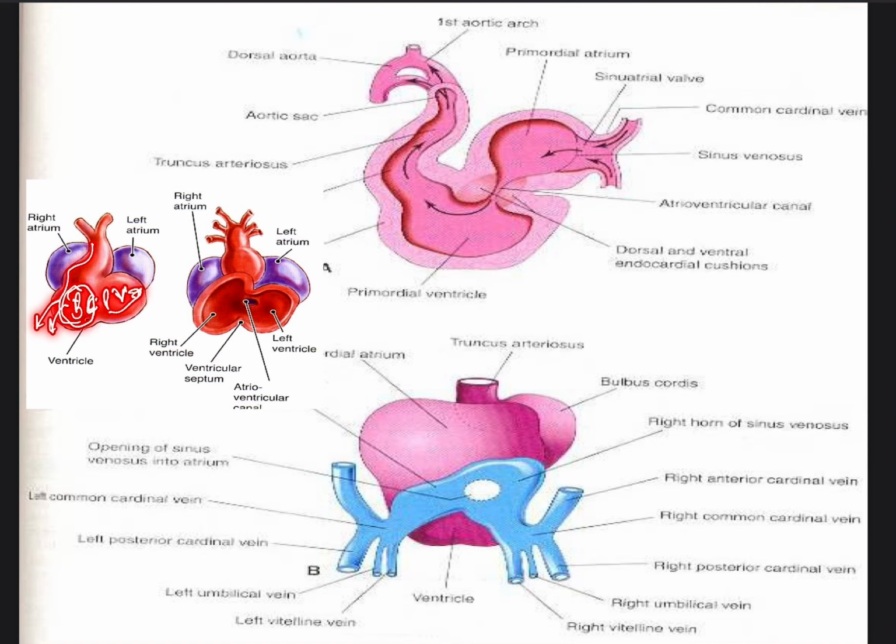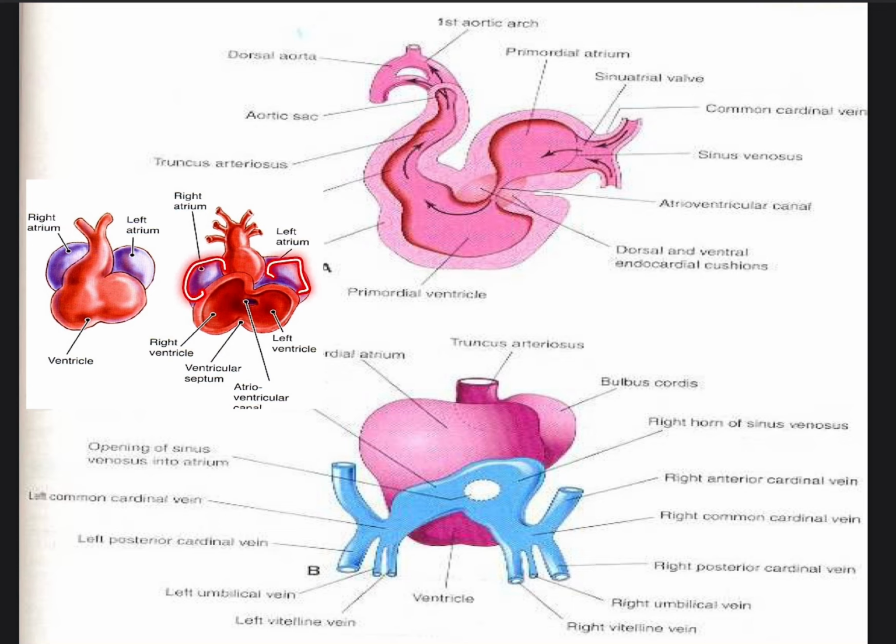The bulbus cordis is actually the future right ventricle, and this primitive ventricle is the future left ventricle. Simple. This is the posterior-most part, the lowermost part of the tube, which is not only going posteriorly like this, but it starts projecting through the truncus arteriosus.